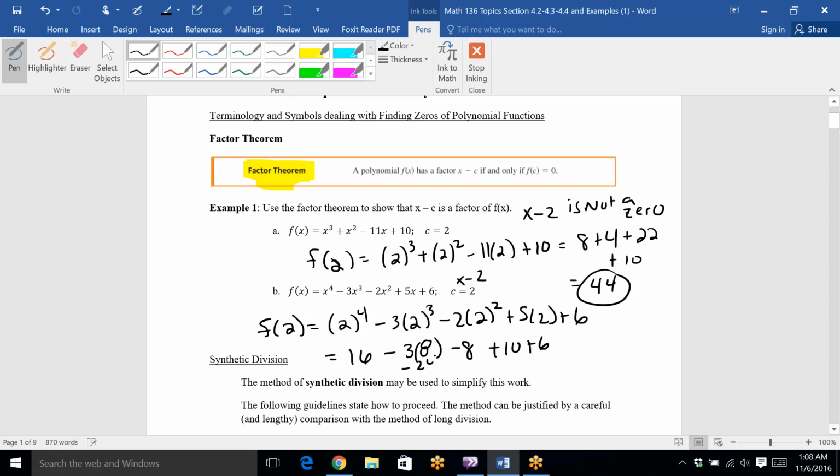So this is negative 24. Let's see, 16, 10, and 6 can all be added together for 32. And then negative 24 and negative 8 is also negative 32. So this would net 0. So yes, 2 is a 0, so x minus 2 is a factor of the problem.